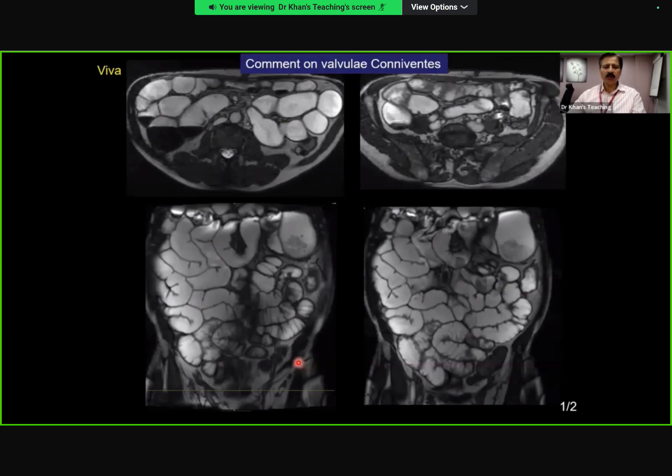This, on the other hand, is a case of celiac disease, and it is interesting because similar to what we have picked up earlier today in the barium meal follow-through, you can see that the proximal jejunum hasn't got, this is jejunum, no mucosal folds. And more distally, look at the ileum, jejunization, look at the ileum. So this is an MRE of a similar case.